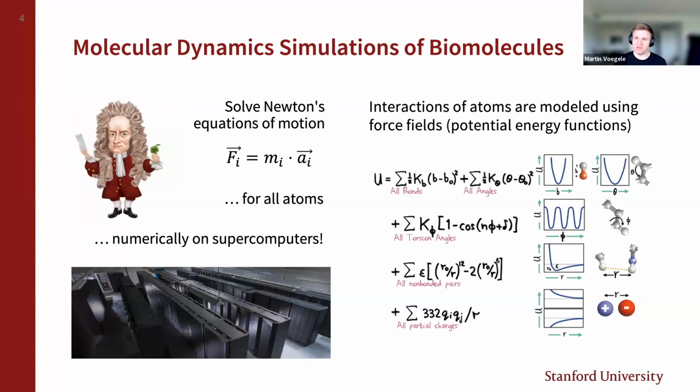Another thing that is very complicated here is how these particles interact. We usually simplify these terms a lot, and the simplifications that have worked best so far are, you can see on the right side, we use harmonic bonds to describe all the bonds. Then some a bit more complicated functions to describe torsion angles.